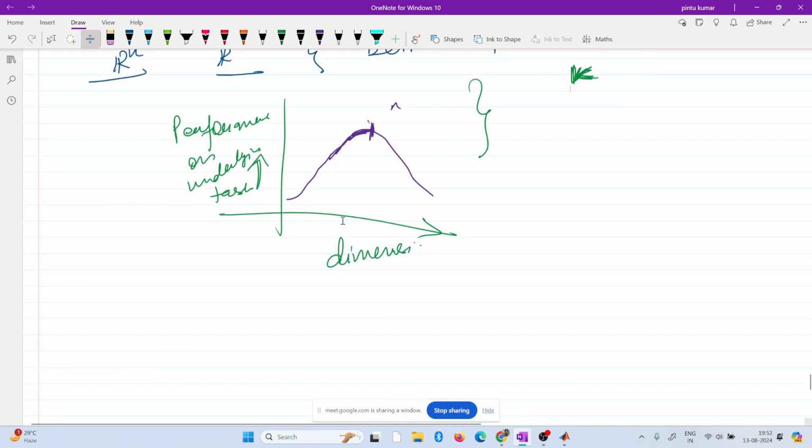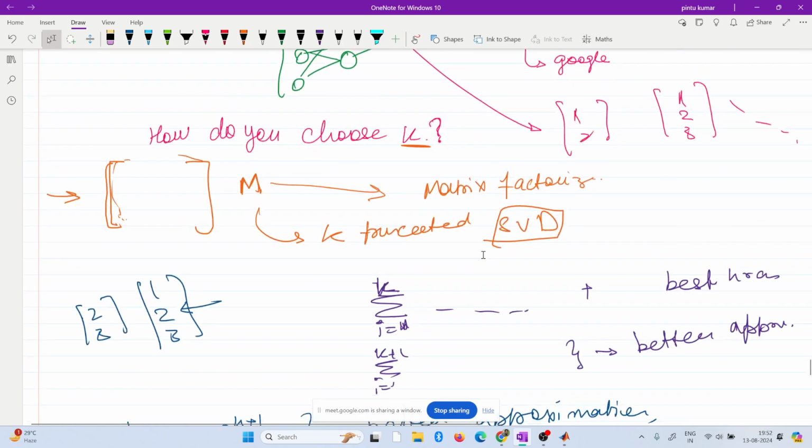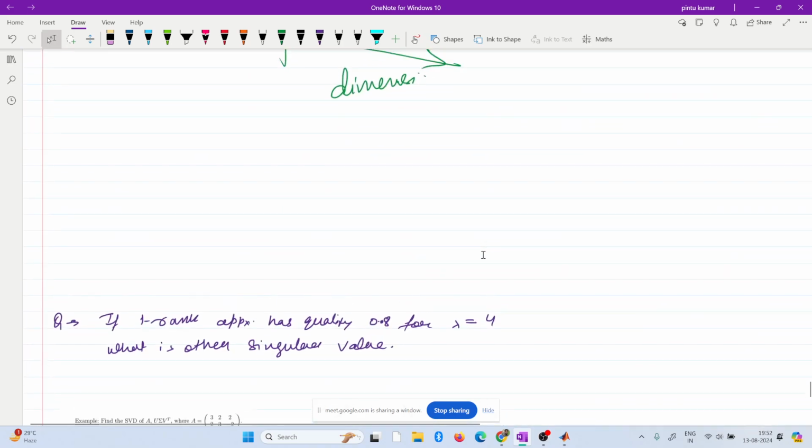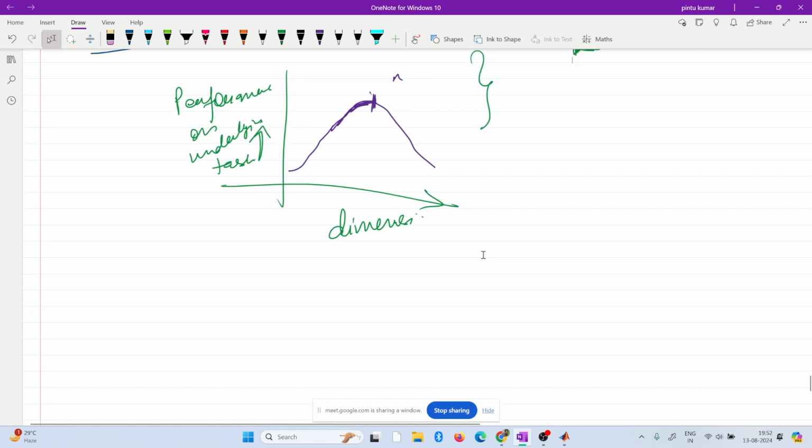I just want to complete the story because this is one application where truncated SVD was being used and was not very successful, and I'll tell you why. Later on, what people discovered was, I said there was some matrix M that the algorithm was implicitly approximating, and then taking a truncated SVD.